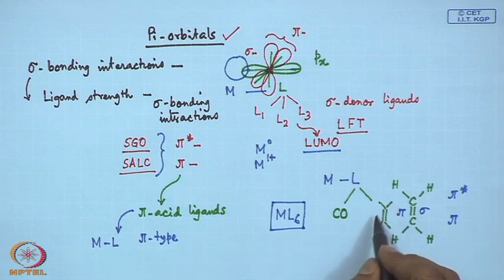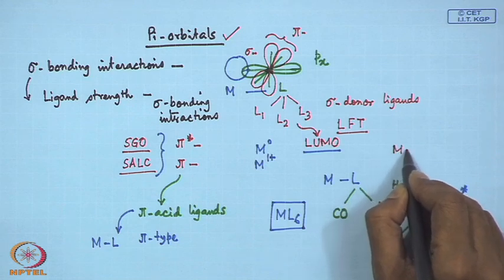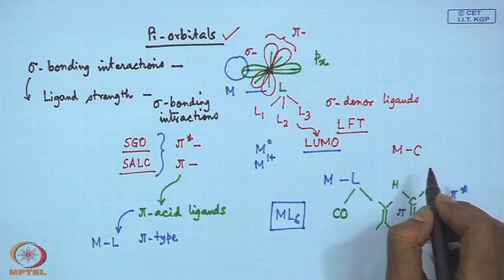When a particular organometallic compound is forming, that means we should have a corresponding metal carbon interaction, that means metal carbon bonds are present.